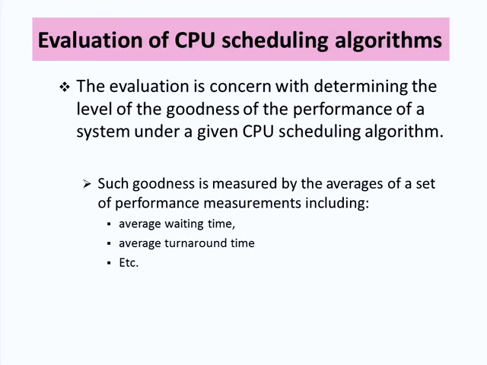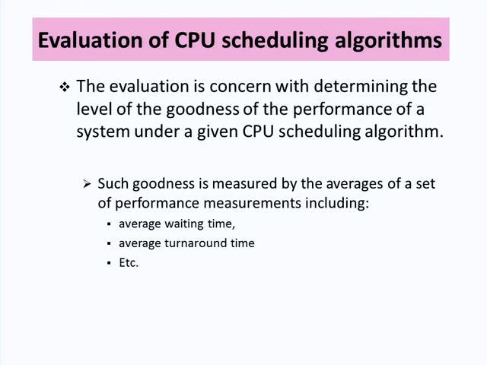And also I might be interested in the turnaround time. The turnaround time is the time needed for a process to finish, from the time it arrived in the ready state until it's finished. That includes the waiting time plus the time that is spent in the CPU.